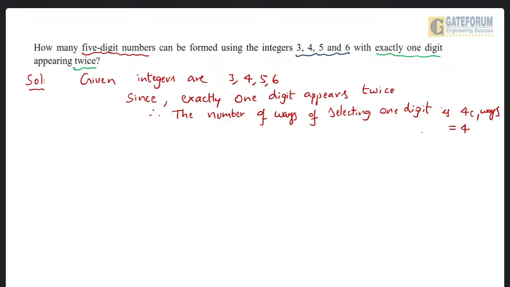Now, in each 5 digit numbers, the 2 digits are identical. Since 2 digits are identical, that means repeating twice in each 5 digit numbers.